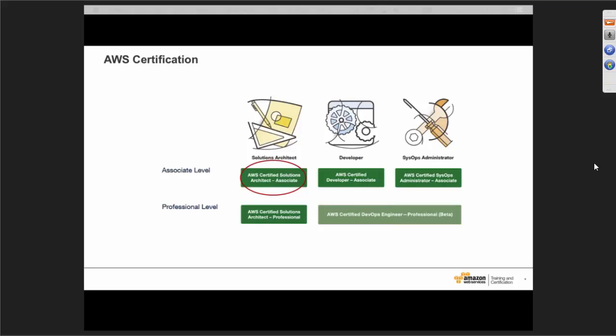No, a pass is a pass. The 3-day class I teach is architecting on AWS. There's also, in line with the certifications, developing on AWS and system operations on AWS.